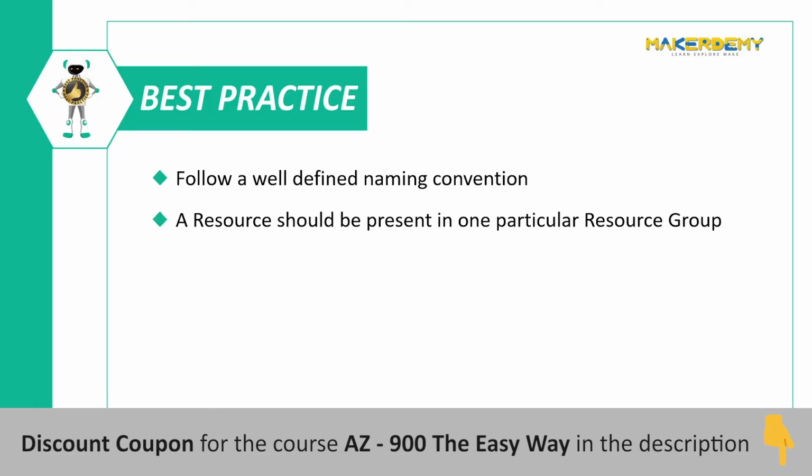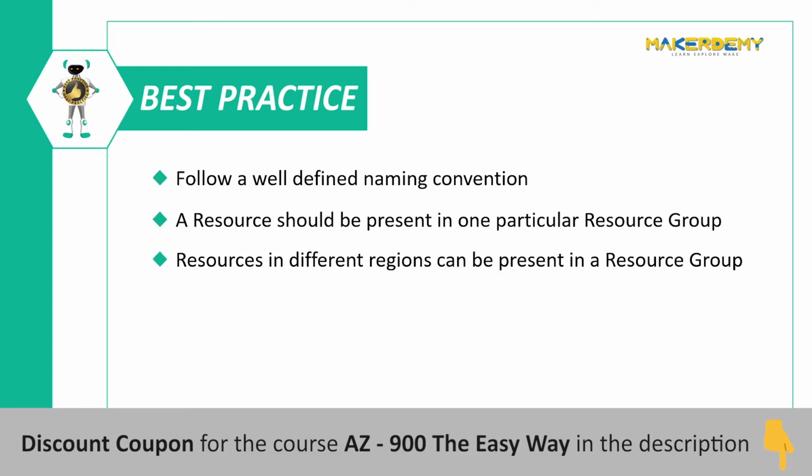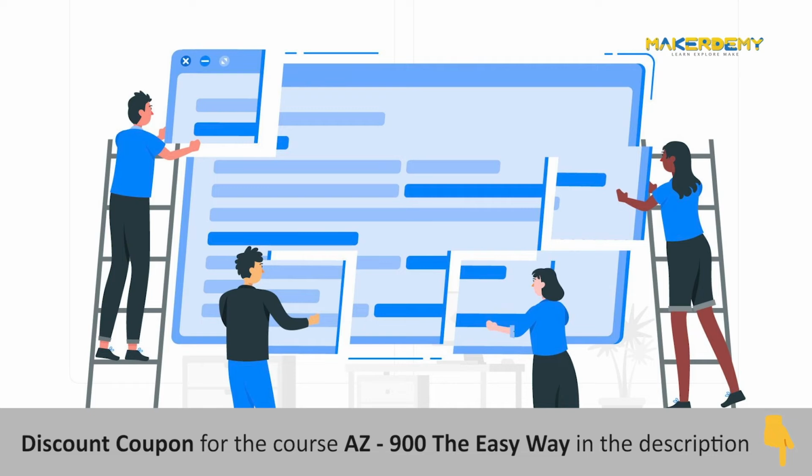A resource should only be present in one particular resource group. Resources deployed in different regions can be present in a resource group. Resource groups can be made based on your necessities. For example, suppose you want to develop an application and you want 2 different groups for development.